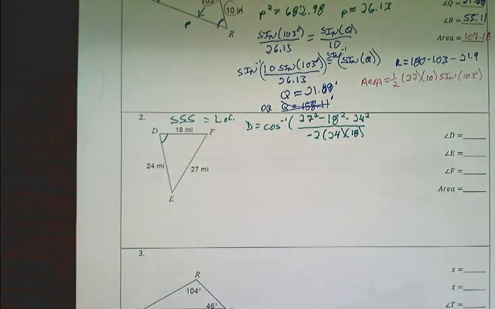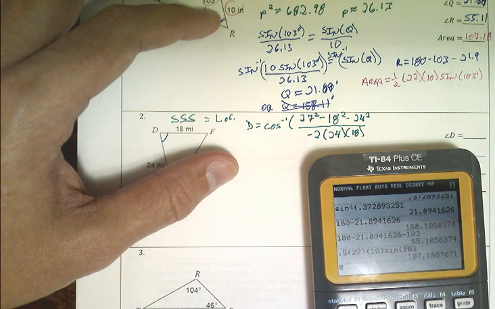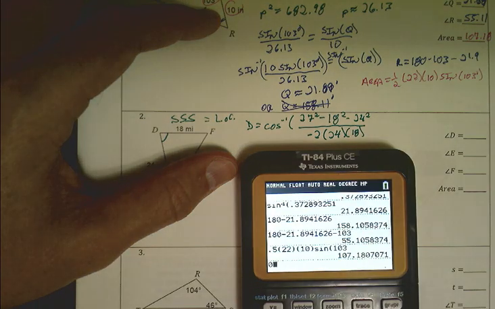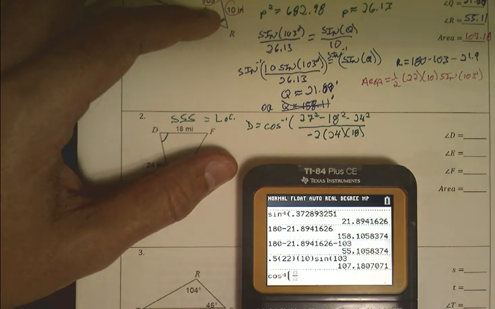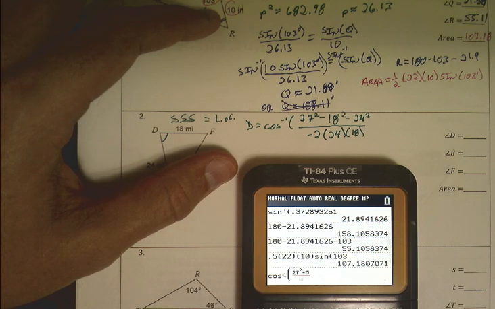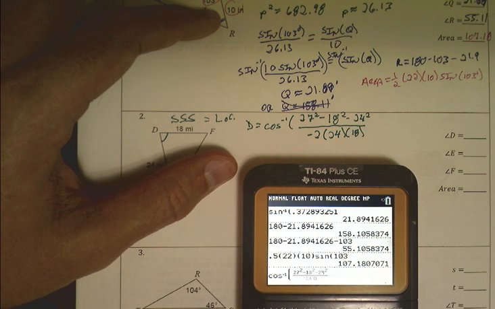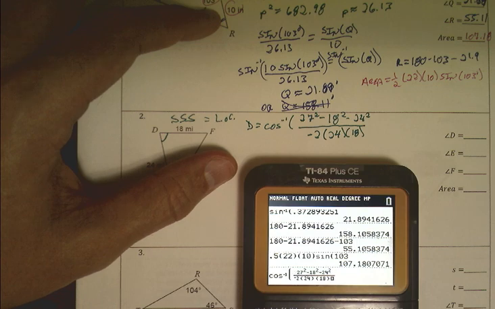And we can punch that directly into our calculator here. So we get inverse cosine of 27 squared minus 18 squared minus 24 squared over negative 2 times 24 times 18.